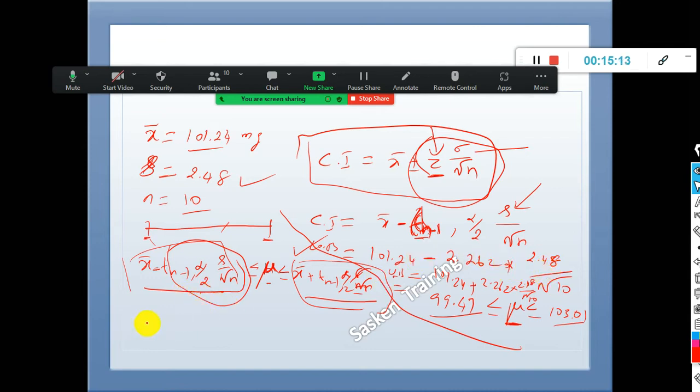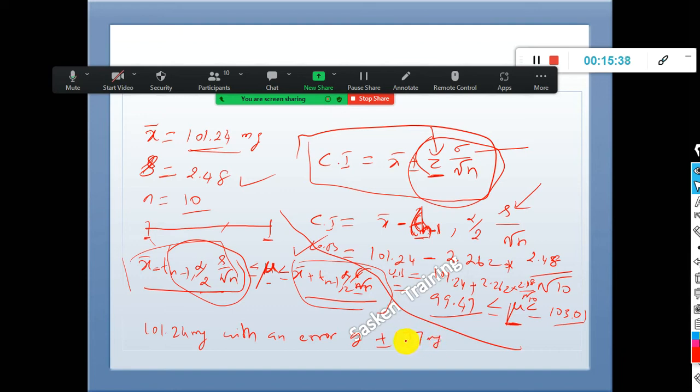Okay, the batch mean is 101.24 milligram with an error of plus or minus 1.77 mg.